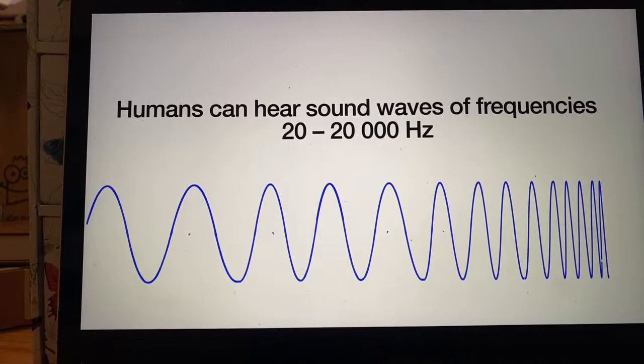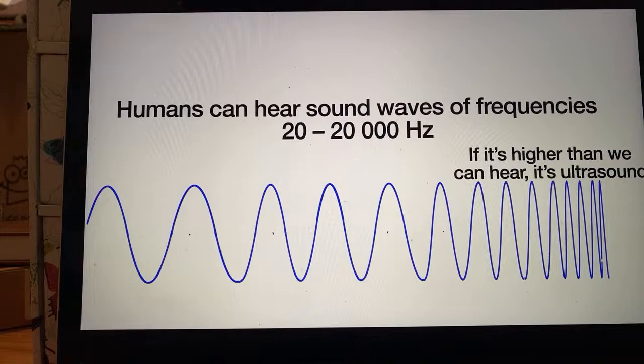That's a lot of waves. Anything over 20,000 waves per second counts as ultrasound. Humans can't hear it. It's not a very scientific definition, I suppose, because it's just defined by human hearing. Anything over 20,000 hertz is, to us, ultrasound.